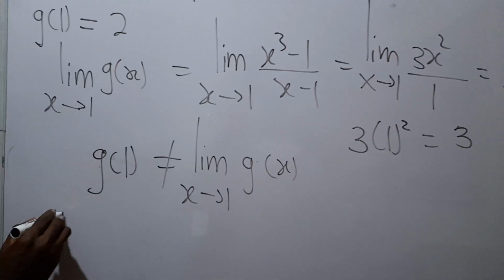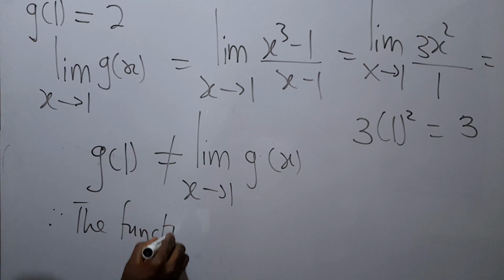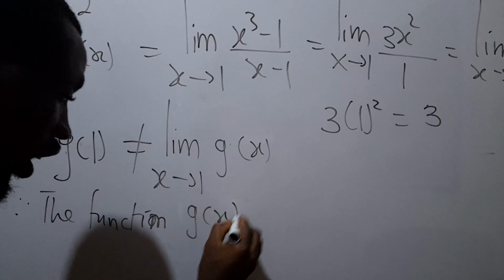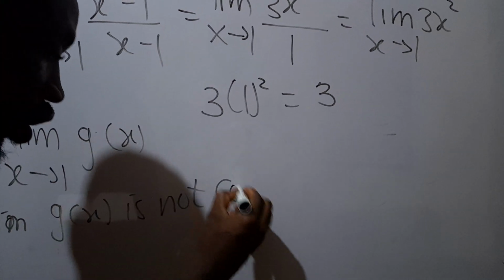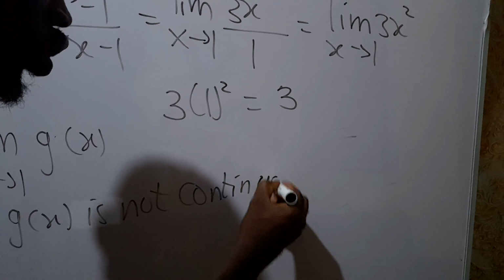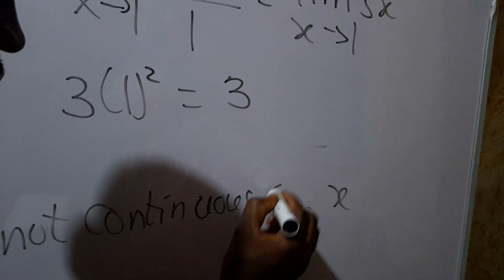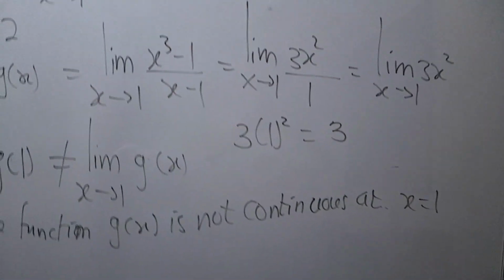So therefore, the function g of x is not continuous, or is discontinuous, at x equal to 1. I hope you get that.